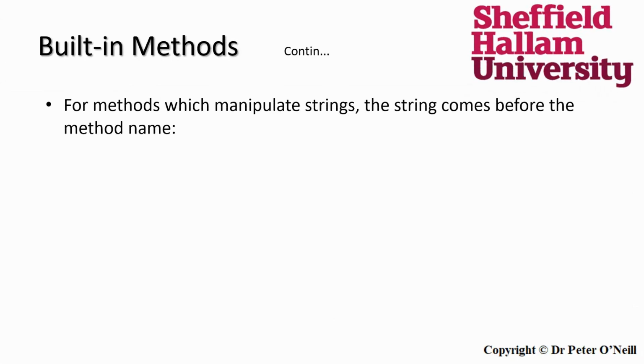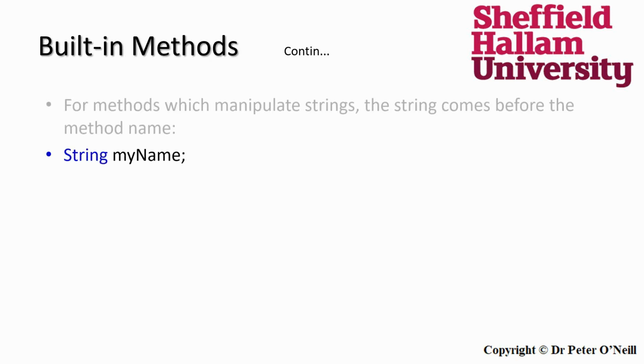For methods which manipulate strings, the string comes before the method name. For example, string myName. s becomes myName.Substring(2, 3); or at least it should be.